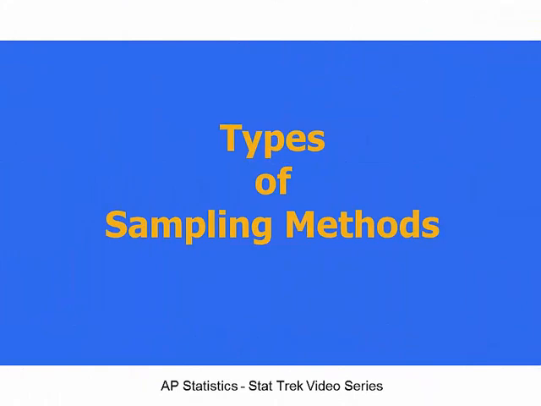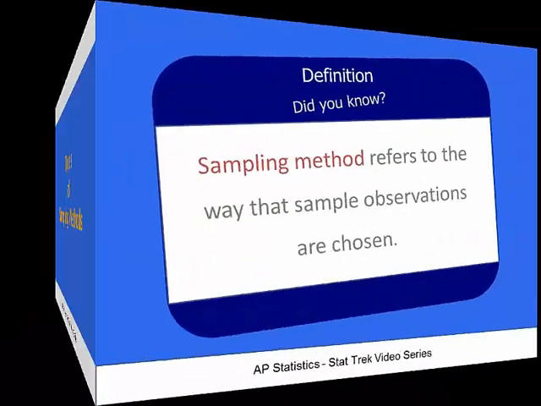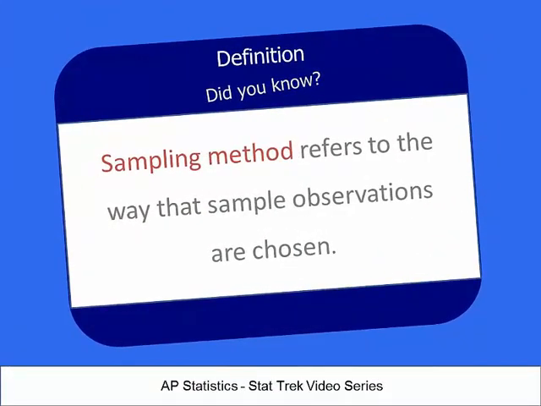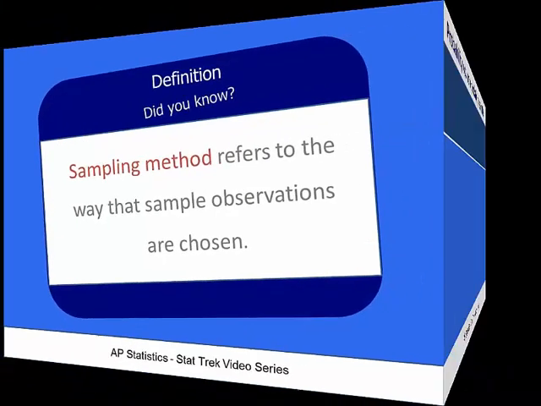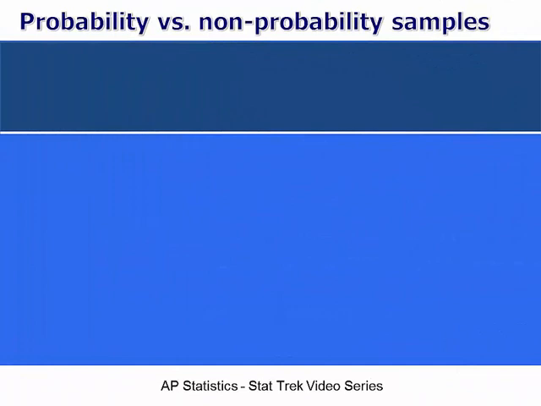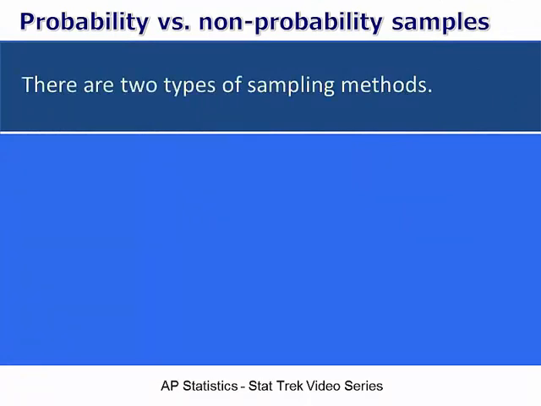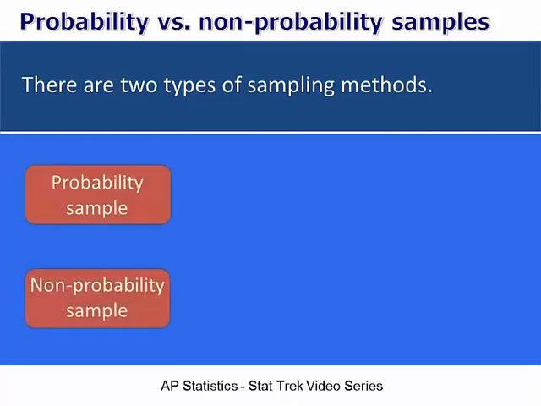The quality of a sample statistic, its accuracy, precision, representativeness, is affected by the sampling method. And when we talk about sampling methods, we are talking about the way that sample observations are chosen. As a group, sampling methods fall into two categories: probability samples and non-probability samples.